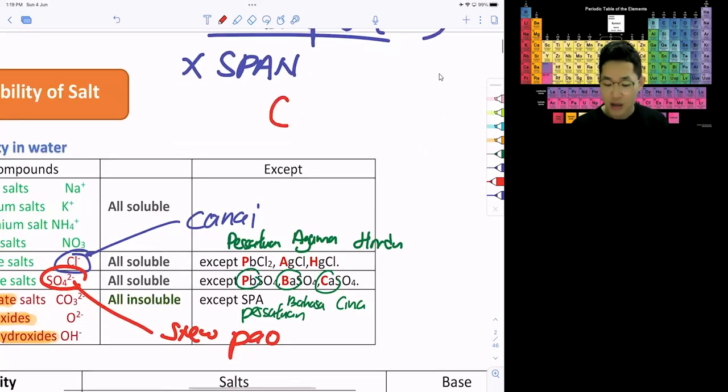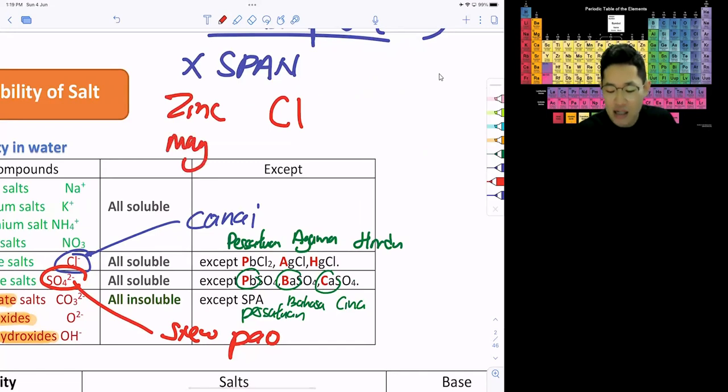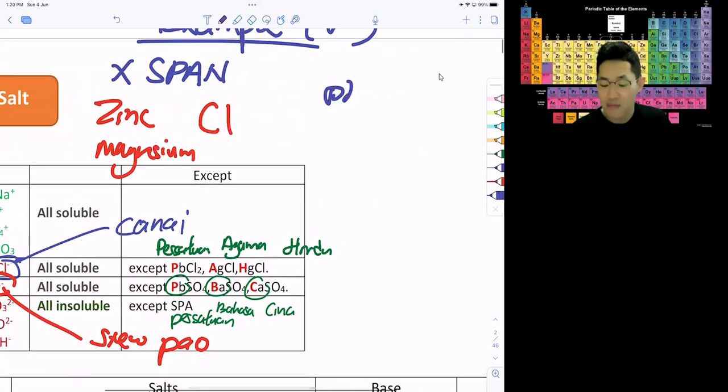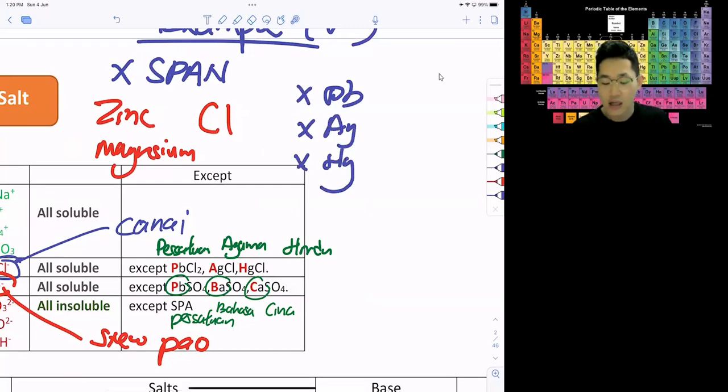You see, Cl is mostly soluble. You can pair it with zinc, you can pair it with magnesium, aluminium, calcium, as long as it is not pairing with Pb, Ag, Hg.